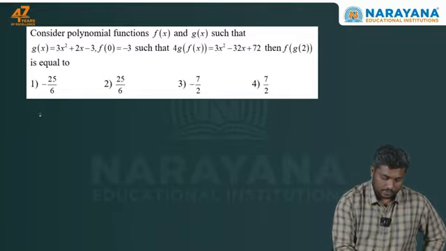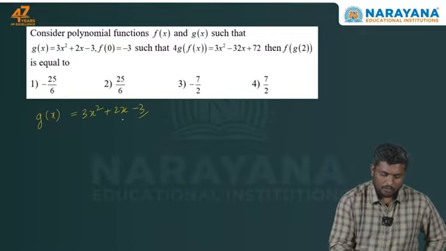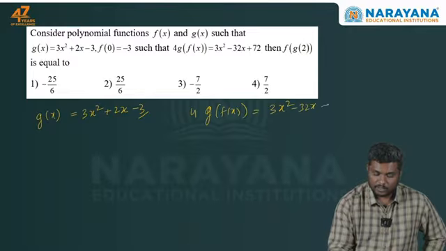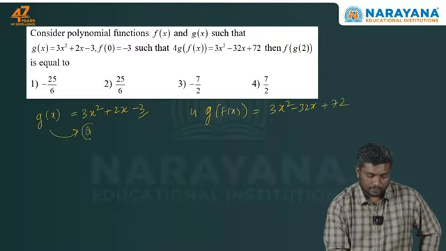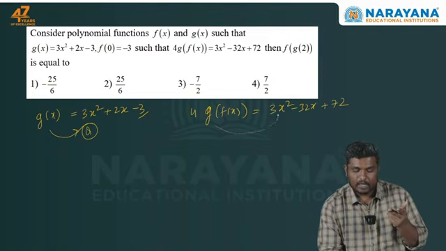g of x is equal to 3x square plus 2x minus 3. More of fundamentals, guys. Here 4 into g of f of x is equal to 3x square minus 32x plus 72. Guys, see, g is a quadratic, and see guys, after putting f of x, g is still quadratic.